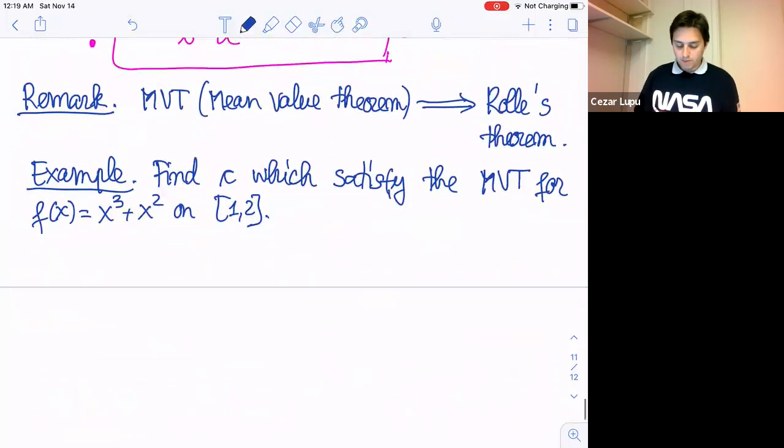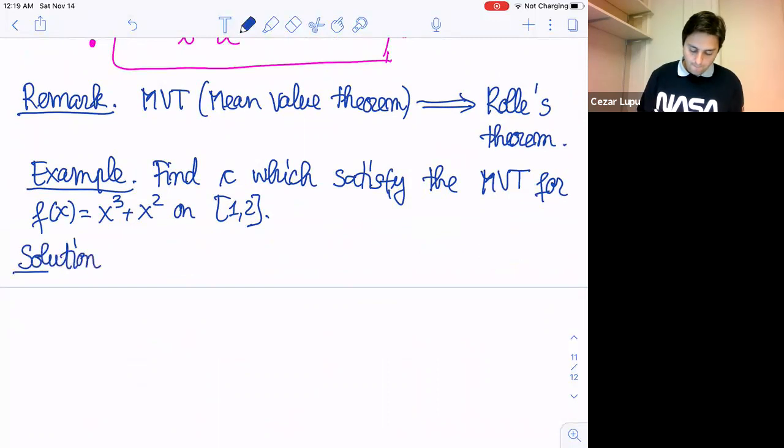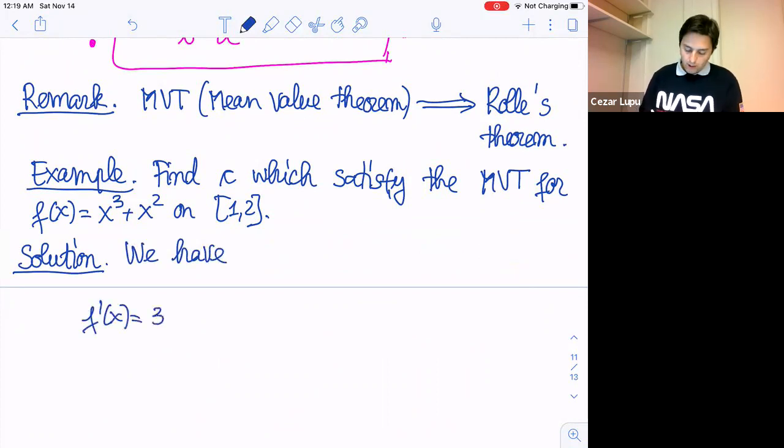Now first we need to compute the derivative. So we have that f prime of x is equal to 3x squared plus 2x. So f prime of c is 3c squared plus 2c.